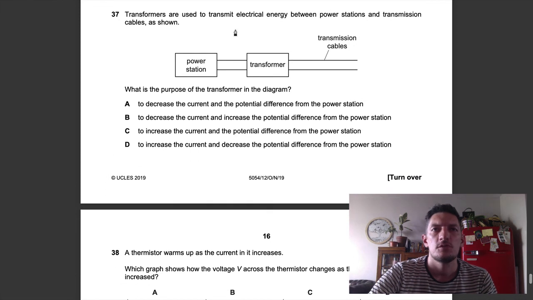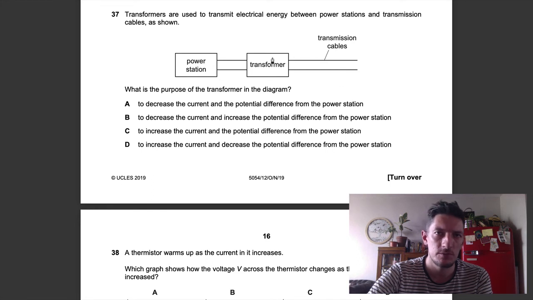Transformers are used to transmit electrical energy between power stations. So you've got your power station and you've got a transformer. This is for power transmission. The point is, you use a really high voltage. So the transformer is going to kick it up to a really high voltage. That reduces your losses.